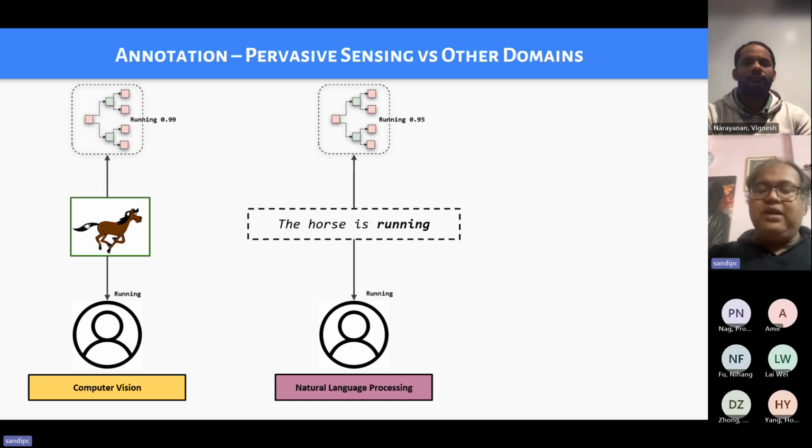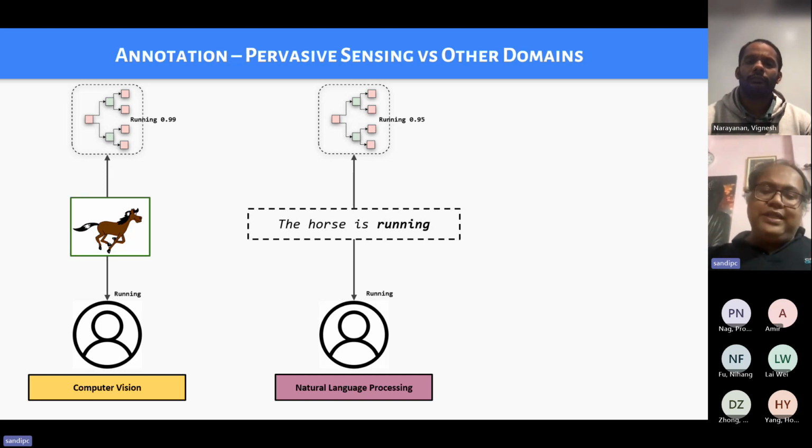So for example, if you are trying to annotate the activities being performed, like say a horse is running, you are annotating the video data, and the same video file is being used for training your model, right?